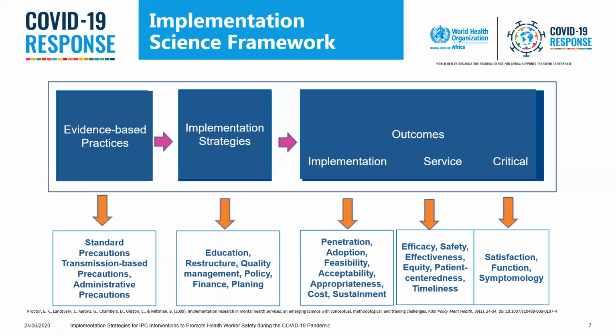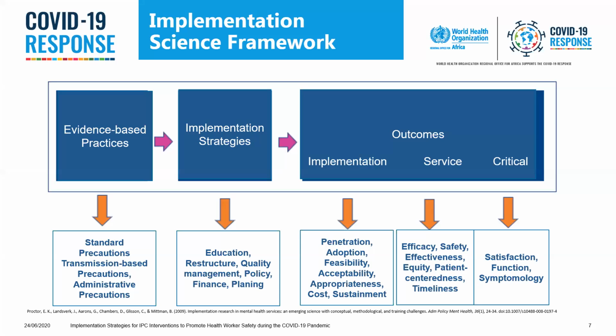Now, I wanted to show you what this looks like, so that you can have a framework for how this would work. In IPC, we have evidence-based practices: standard precautions, transmission-based precautions, administrative precautions. All of these are actual practices that we know are effective at reducing the transmission of an infectious pathogen.